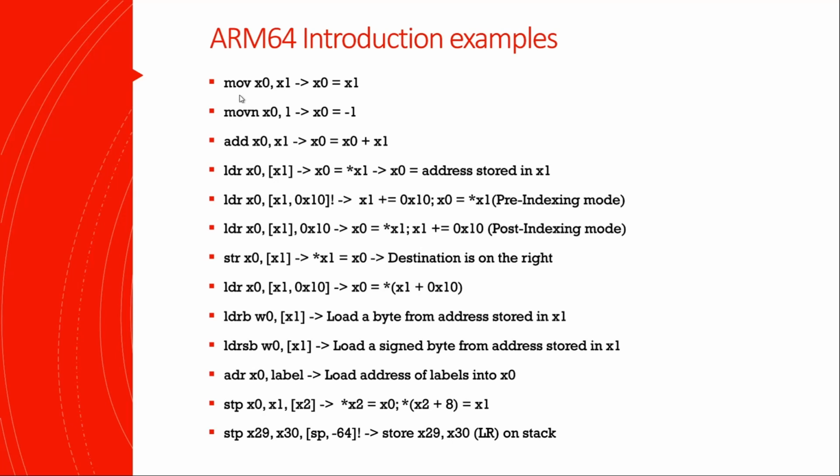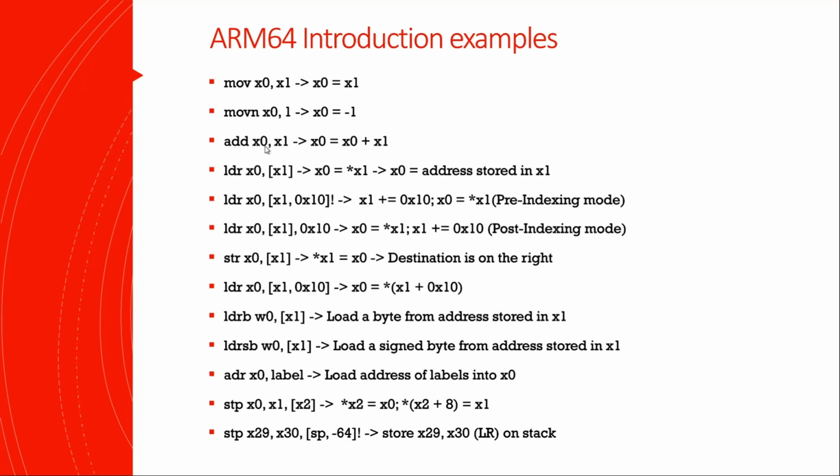So the first one is move x0 comma x1. This we have already seen what it will do. It will move the value of x1 register into x0 register. Then we have move n, where n stands for negate. So what it will do in simple words, it will negate this immediate value and put it into x0 register.